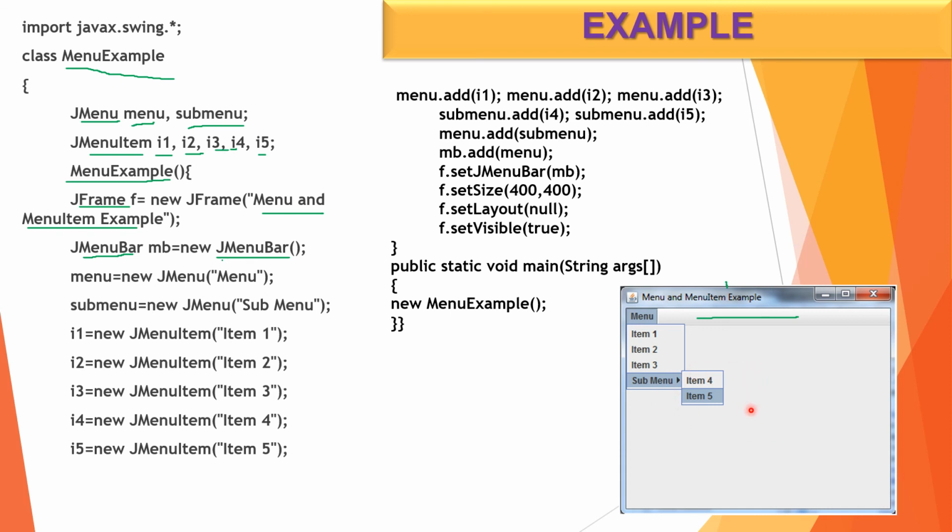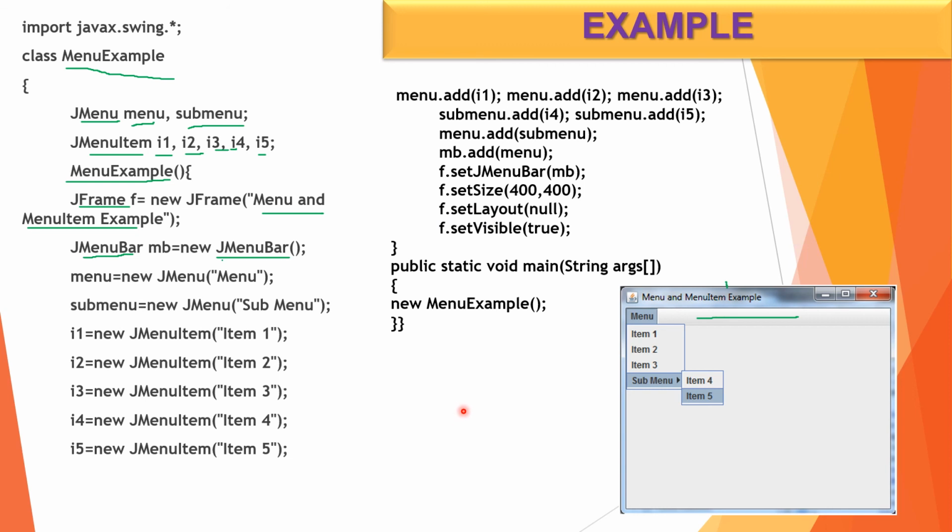In the example output, item 4 and item 5 are in the submenu, but the remaining item 1, item 2 and item 3 are in the menu. All these will be displayed in the same way on our JFrame. So that is the example of our Java menu bar, menu and submenu, displayed with the menu items.